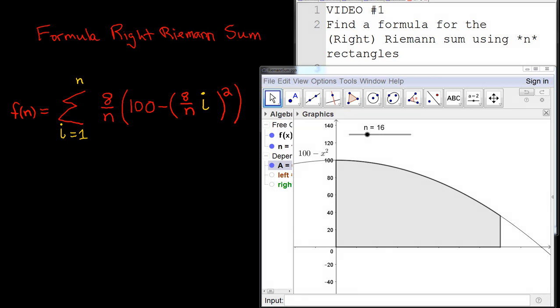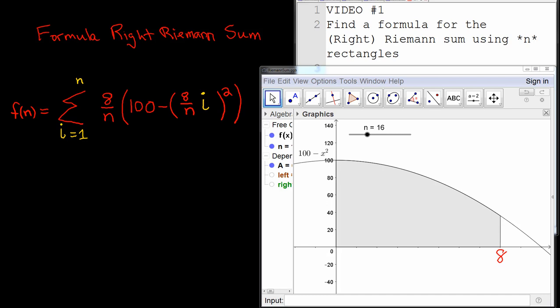What we're trying to do is find the area under that curve between x is equal to 0 and x is equal to 8. It got erased, but this was an 8 here. So between x is equal to 0 and x is equal to 8.